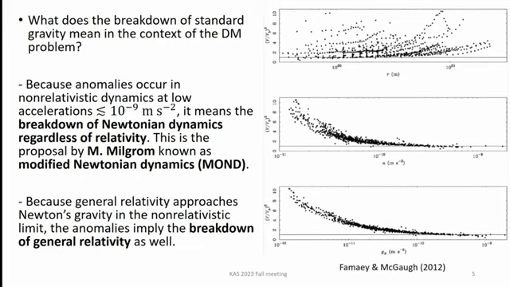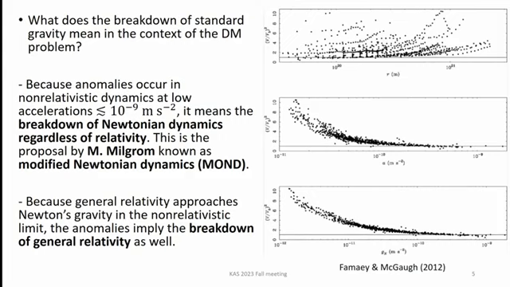Okay, so what does the breakdown of standard gravity mean in the context of the DM problem? Because anomalies occur at low acceleration, it has nothing to do with relativity. So it means breakdown of Newtonian dynamics regardless of relativity.